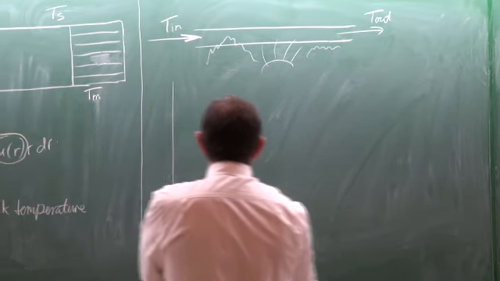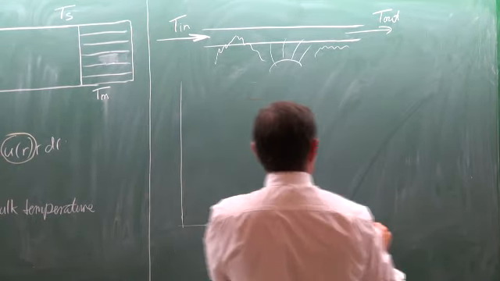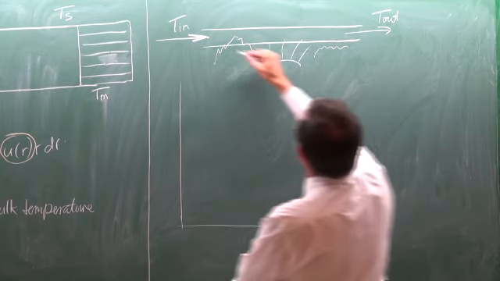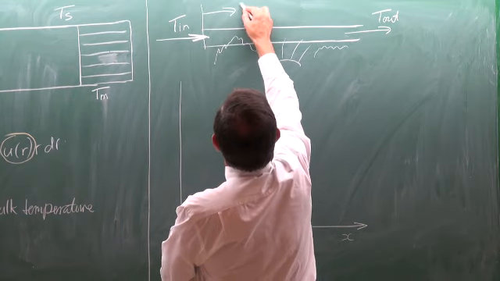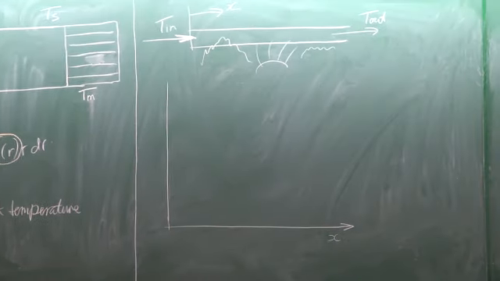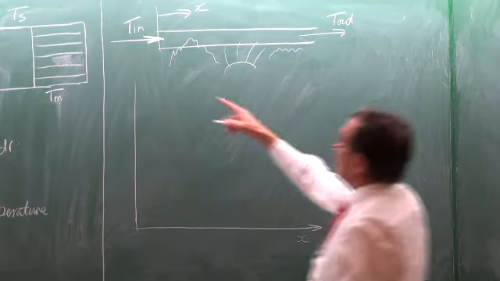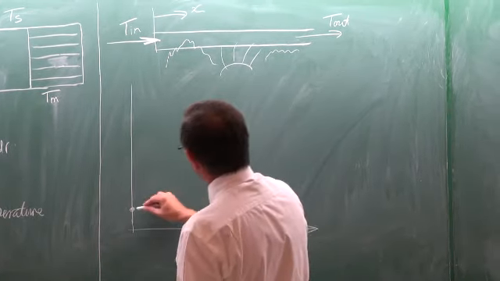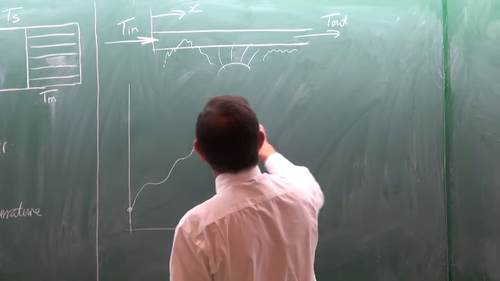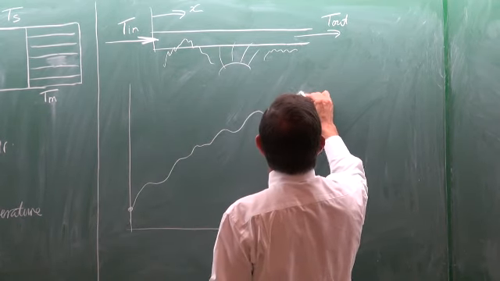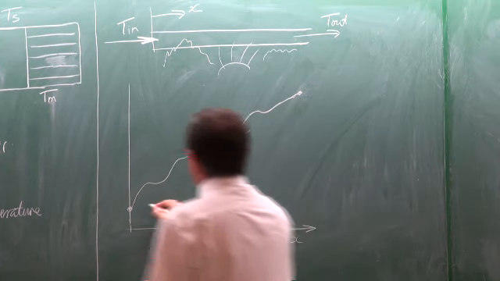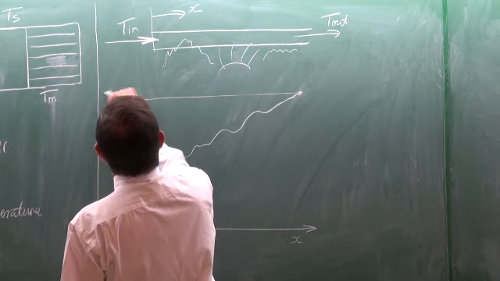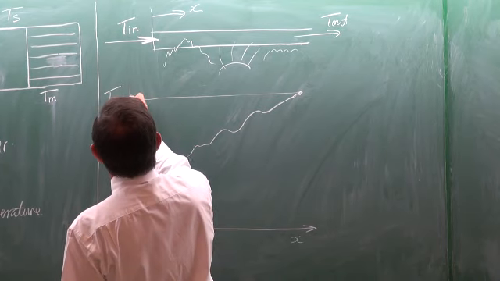If we now plot the temperature as a function of x, so that is x measured from the inlet, then that is going to be the inlet temperature, and depending on the type of heating mode, the temperature might do something like that. So that is equal to the inlet temperature, and that is equal to the outlet temperature.